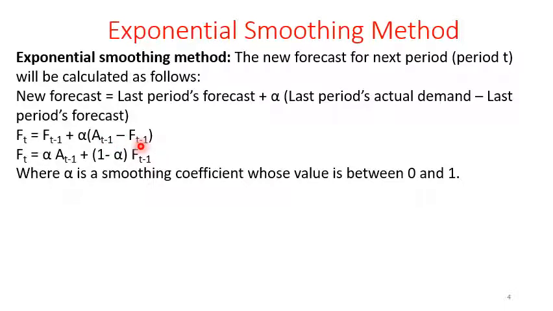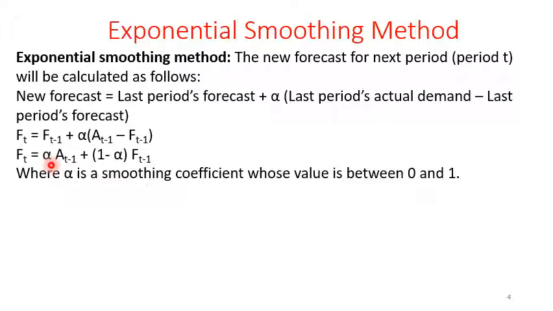So it becomes alpha into At minus 1 plus 1 minus alpha into Ft minus 1. In other words, the forecast for the next period is the current period which is under estimation.